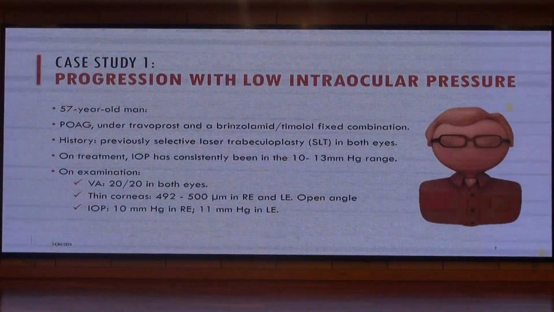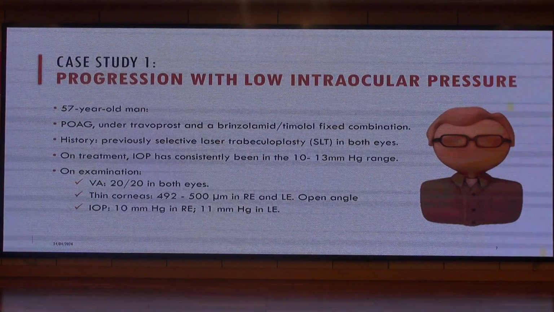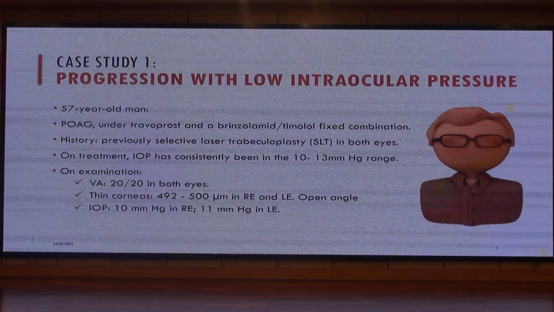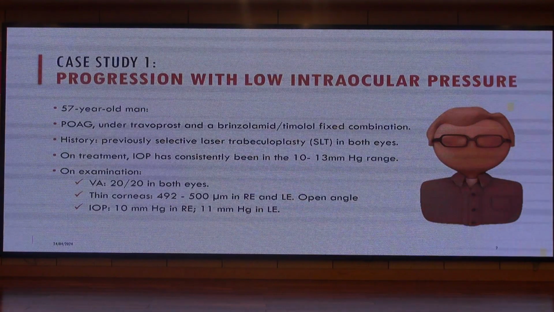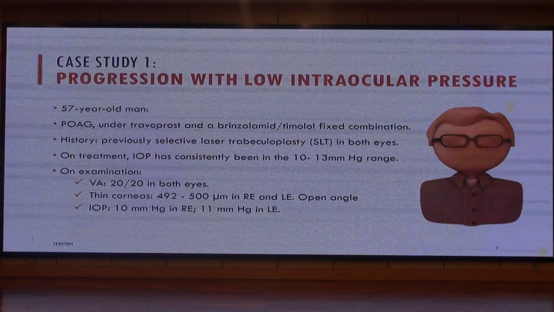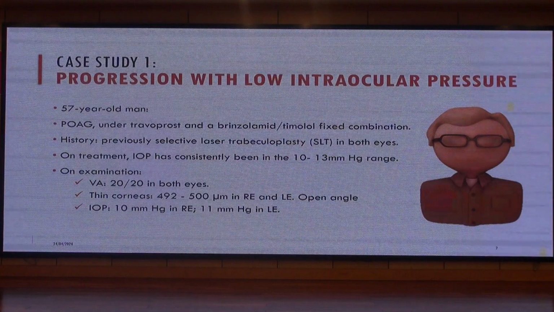On treatment, the IOP is quite well controlled, with a range from 10 to 30 mmHg. On examination, he had good visual acuity, thin corneas of about 500 micrometers in both eyes, and the IOP is quite well controlled.